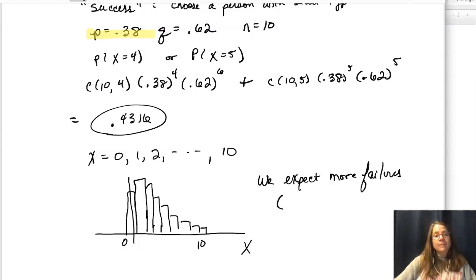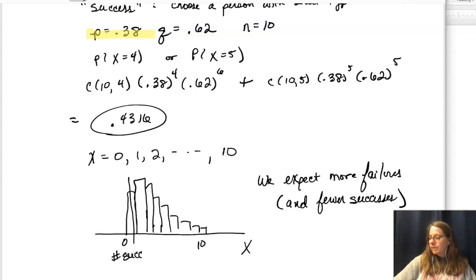And if I expect more failures, that means I expect fewer successes. So the number of successes that I expect to see is going to be higher at the lower end than it is at the upper end.